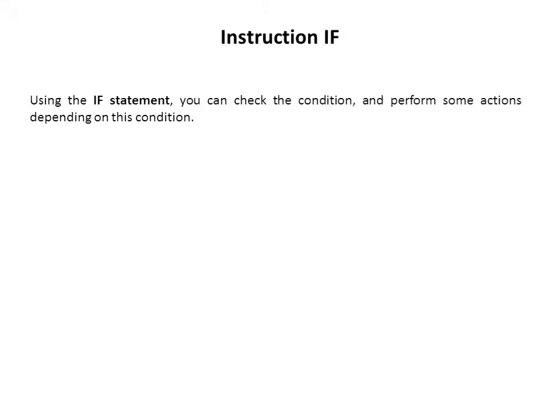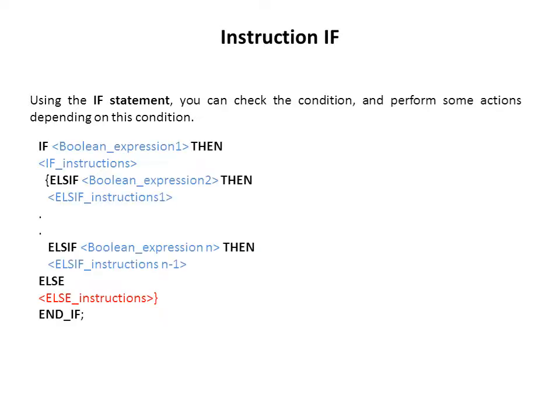The next operator is the IF instruction. Using this instruction, you can check a condition and perform some actions depending on this condition. What does it mean? This is the syntax of this instruction. The part of the construction in curly brackets is optional.